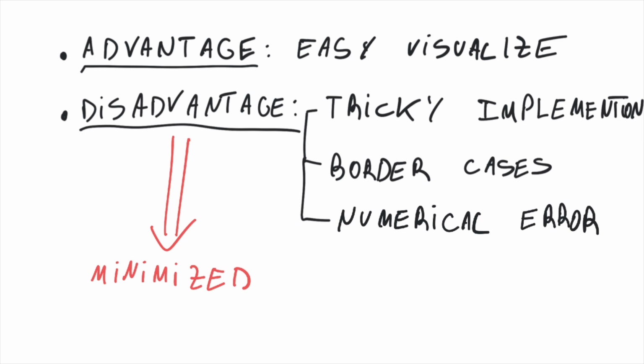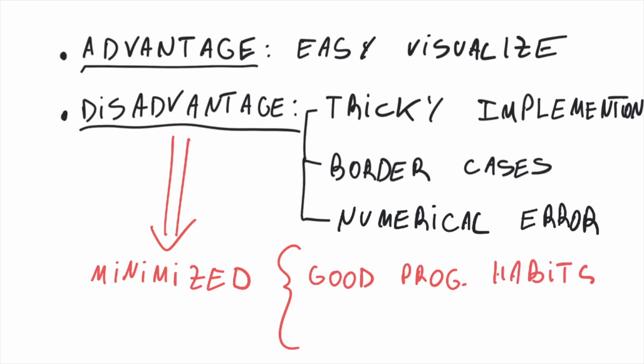This is a result, on one side, of good habits. Good programming habits will lead to you not making many mistakes, not having too many bugs. So good programming habits and a good library, let's say, a good framework.